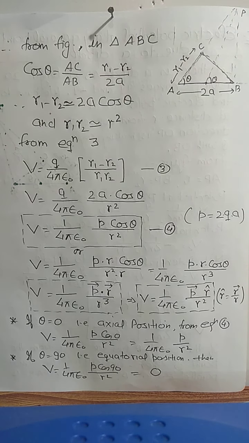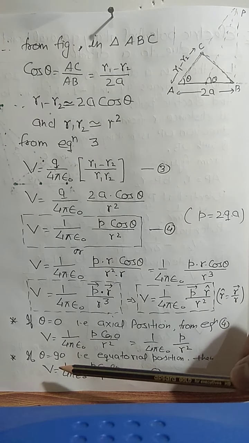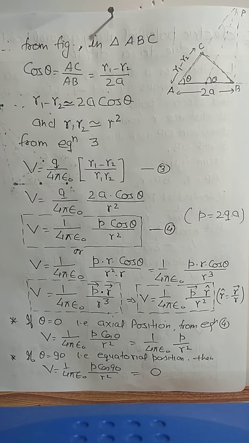And therefore, this is the general condition with the help of which you can find the formula for potential in axial and equatorial position by putting theta 0 and 90 respectively. Clear? Okay.